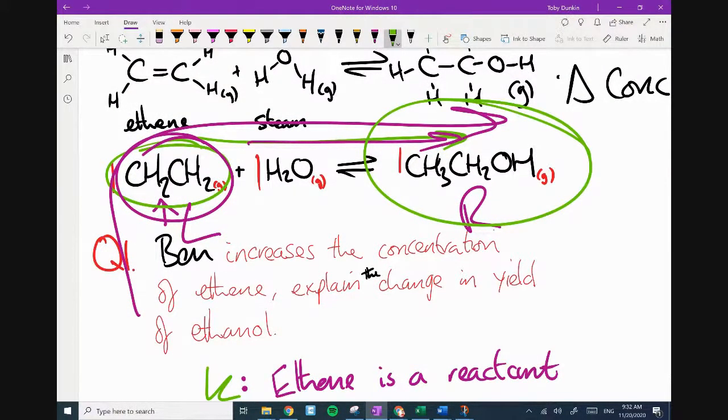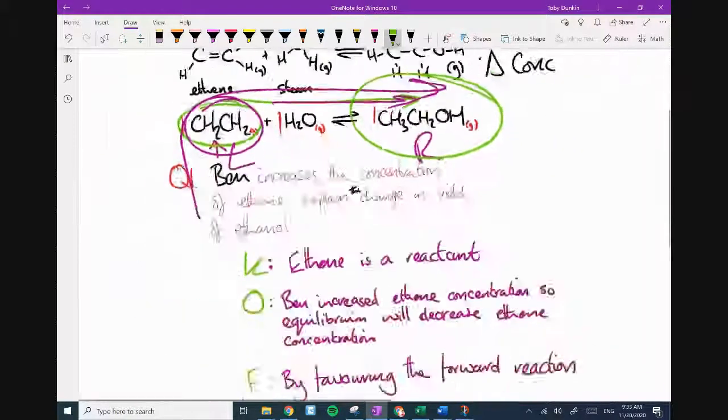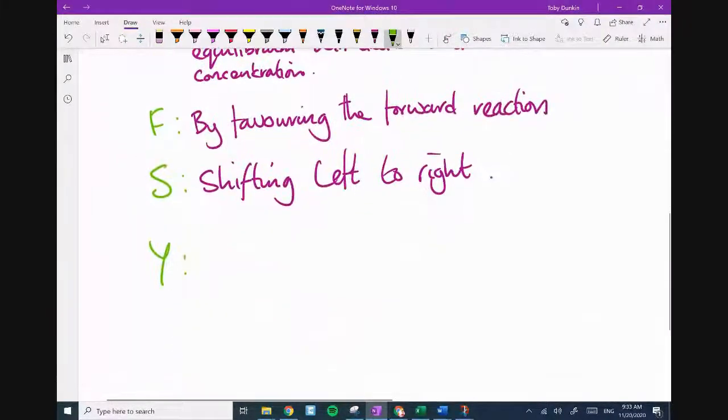Ben, what's going to happen to the yield of ethanol, please? Of course it does. Thank you so much, Ben. He's on it. So the yield of ethanol increases.